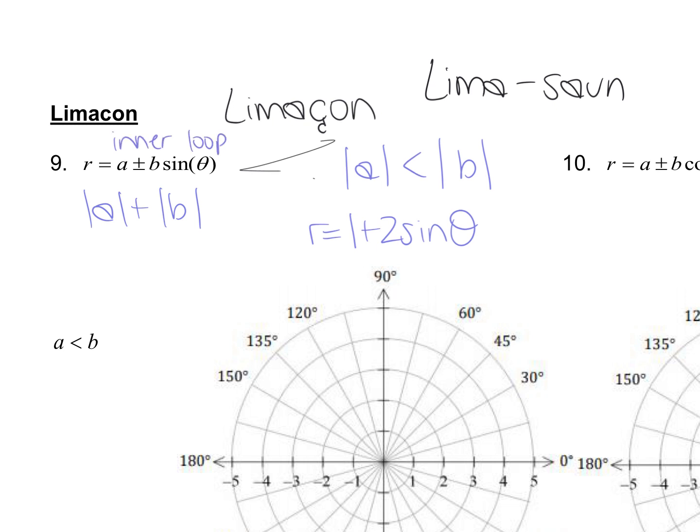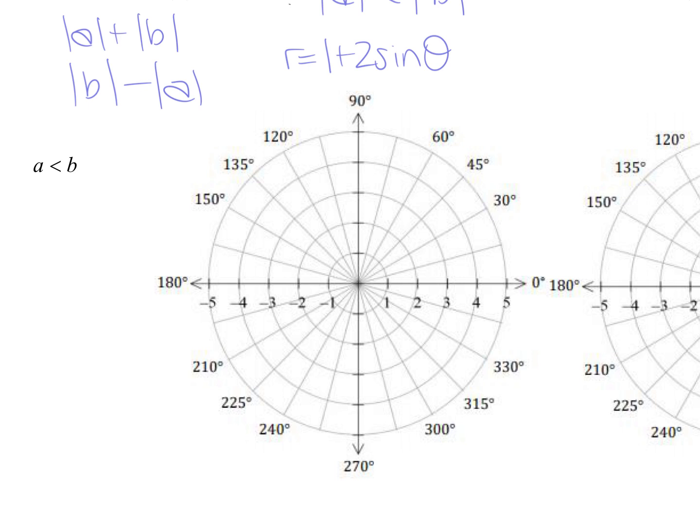And the distance of the inner loop is going to be the absolute value of B minus the absolute value of A. A is going to give you the distance side to side. So if I take in this problem that I just gave you, absolute value of A plus absolute value of B, what's the furthest distance this goes out? 3.